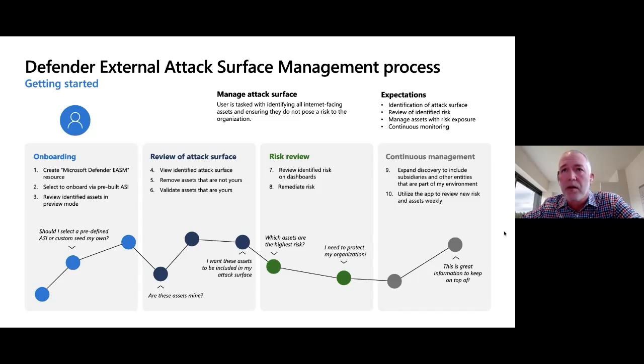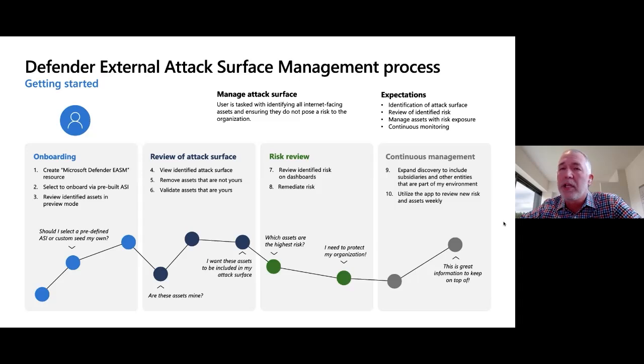That's not illustrated here on this page, but we'll talk about discovery in just a minute. But those seeds are what are used to query that large data ocean, if I can use that term, to determine what the attack surface is for any single organization. So that's really the first step in onboarding. The next step is to review what came back.